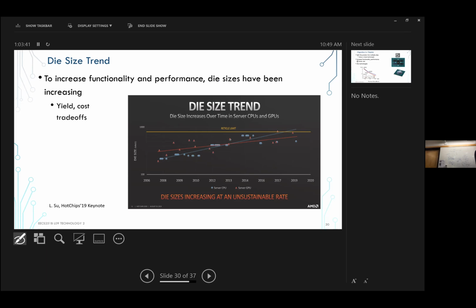What's the problem with increasing die sizes? Yeah, there are many of these leaked reports that 1 in 7 work.